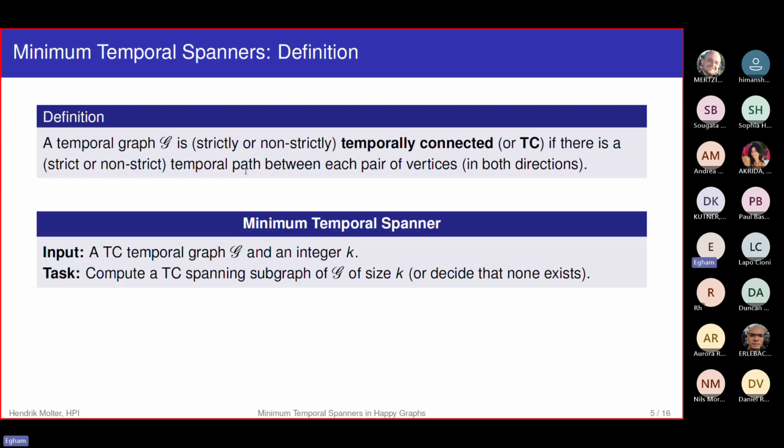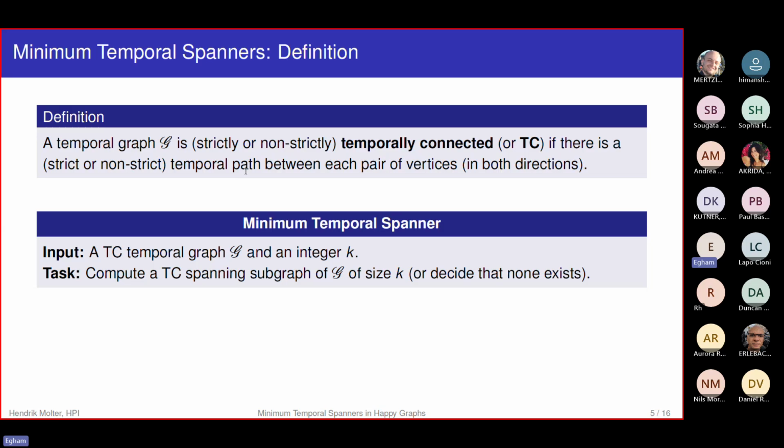Okay, so now what is a temporal spanner? We say that the temporal graph is temporally connected, or TC, if between all pairs of vertices there exist temporal paths in both directions. So you can get from any vertex A to any vertex B. The computational problem that I'm interested in in this talk is the following.